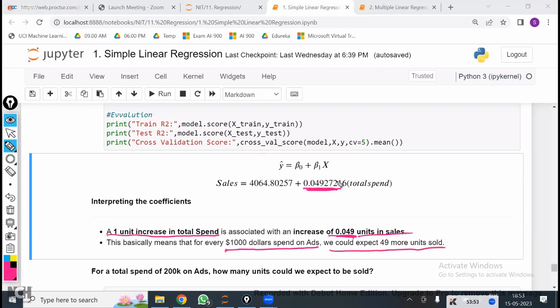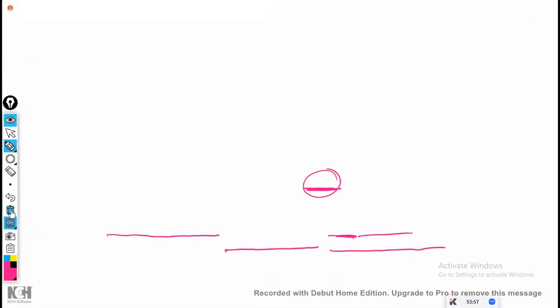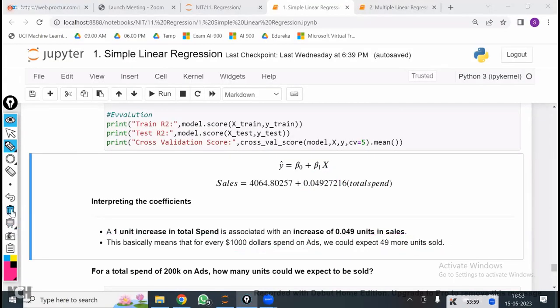That is the meaning of this. If you want, you can try, no need to memorize. First, sales is equal to 4064.80 plus 0.049 into total spend.